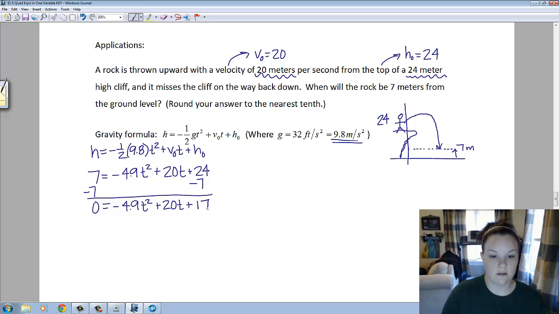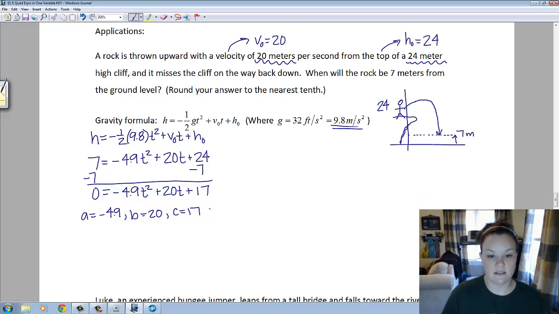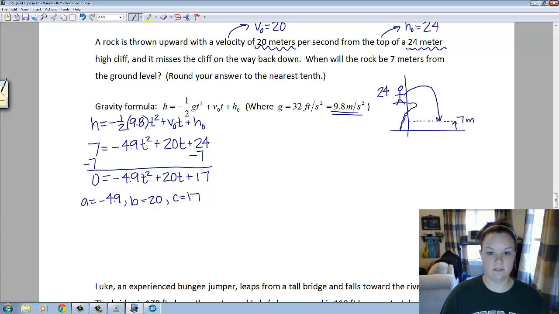So I'm going to plug it into our quadratic formula. Our quadratic formula says that x, or actually t in this case because we're solving for time, is equal to negative b, my b is 20, so negative 20 plus or minus the square root of b squared, so 20 squared, minus 4 times a, which is negative 4.9, times my c, which is 17, all over 2 times my a, which is negative 4.9.